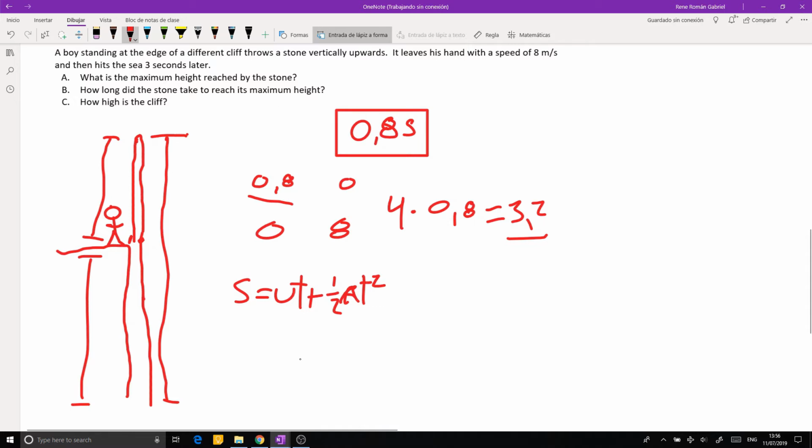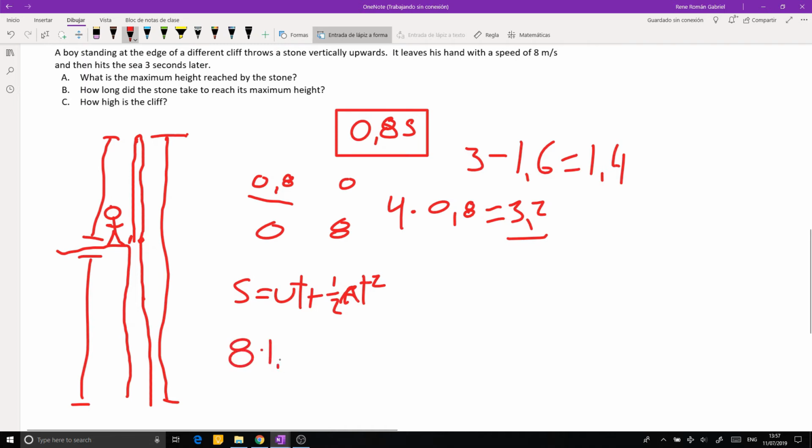So it would be 8 times 1.4, because 1.4 is the 3 seconds they told us minus the 0.8 seconds to go up. It has to go up and down, so 0.8 times 2 is 1.6. So 3 minus 1.6 equals 1.4.